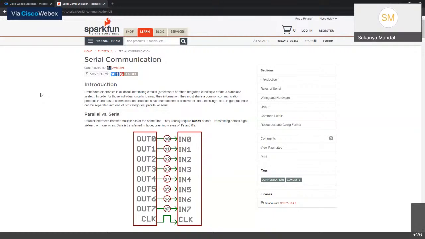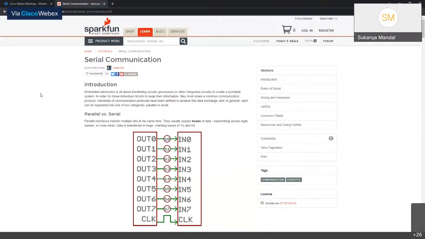In order for those individual circuits to exchange information, it is necessary for them to share a common communication protocol. There are hundreds of communication protocols for data exchange, but in general, each can be separated into categories, ideally parallel or serial.